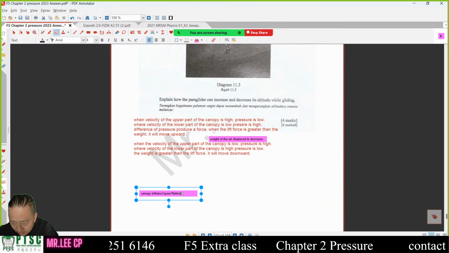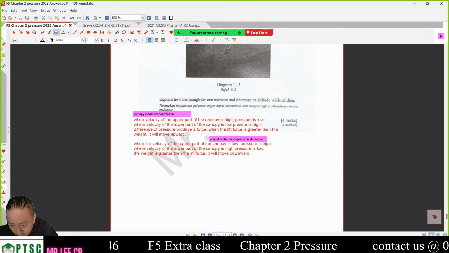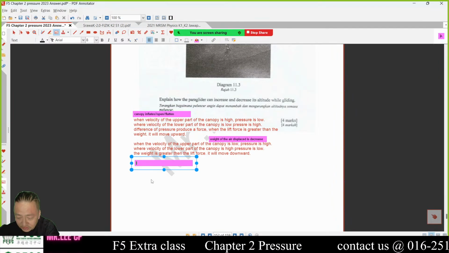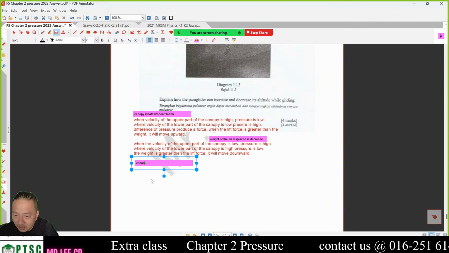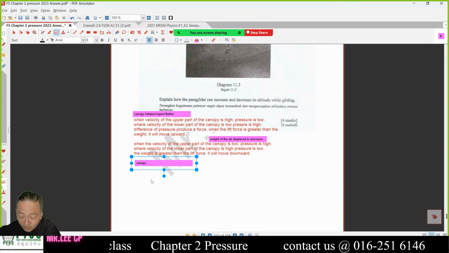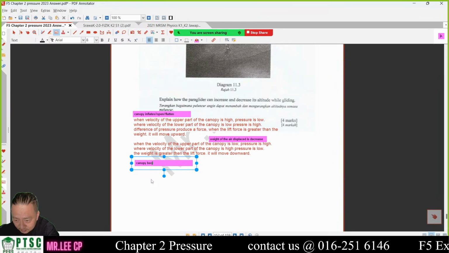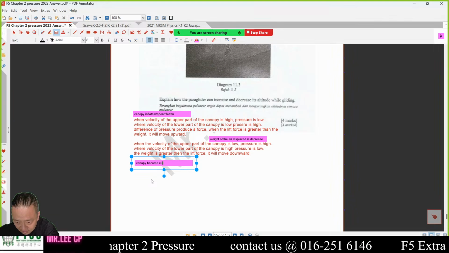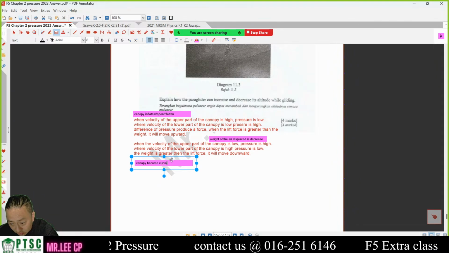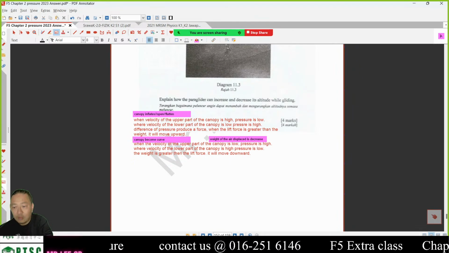Okay, this one will give you 1 mark also. And then here, one more mark: when you pull the string, the canopy becomes curved. This one can give you 1 mark also.